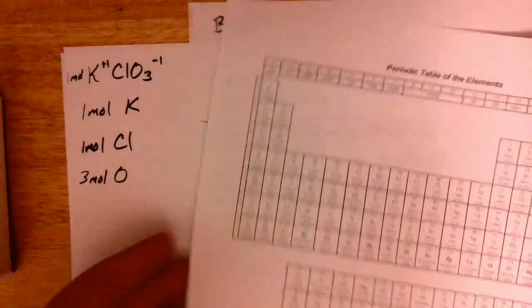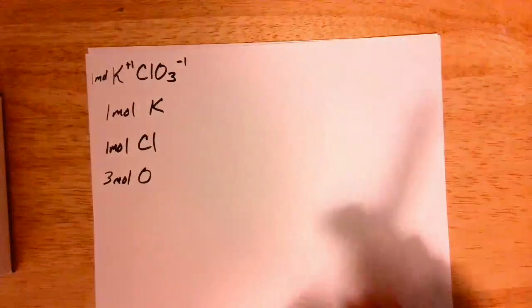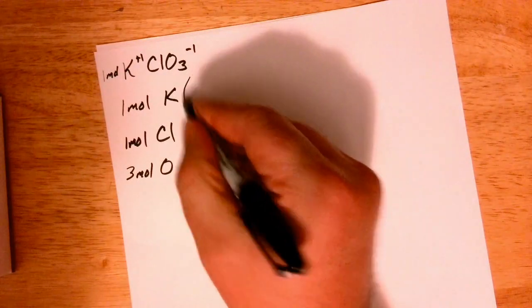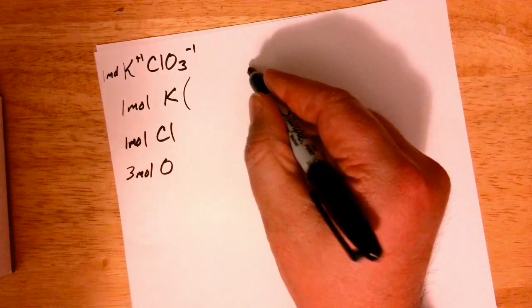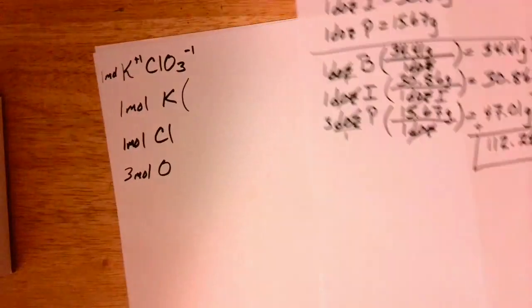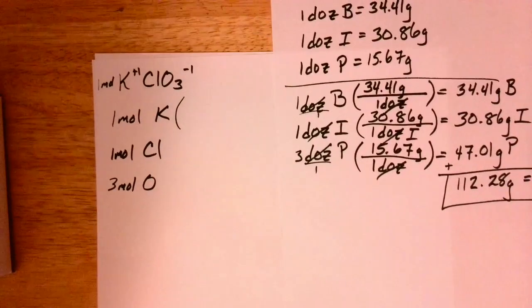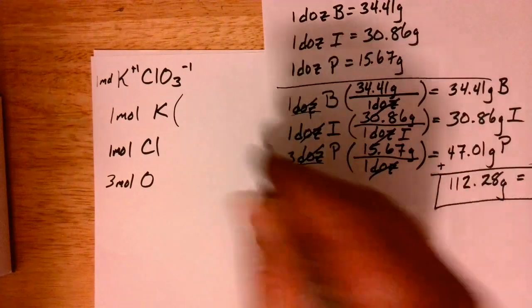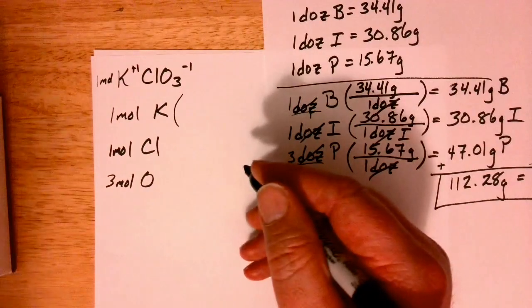All right, so potassium. If you find potassium on the periodic table, we're going to set up a set of parentheses. I'm going to use this as a visual aid as to what we did last time. So potassium has a mass of 39.098 grams.